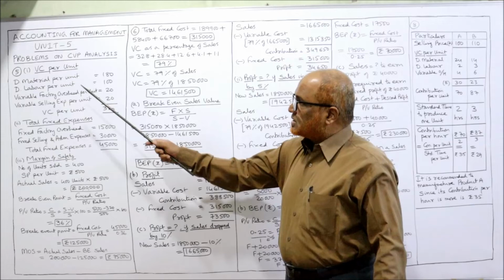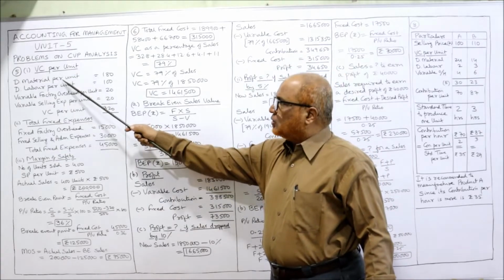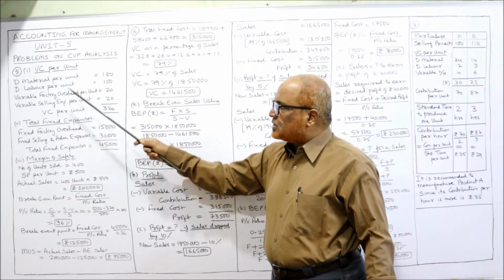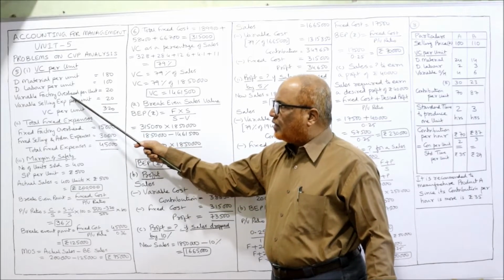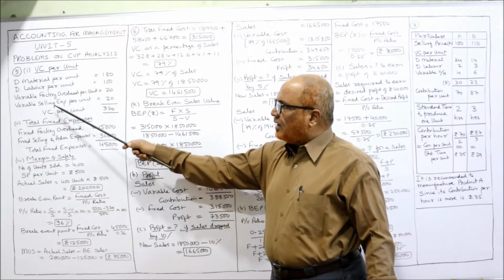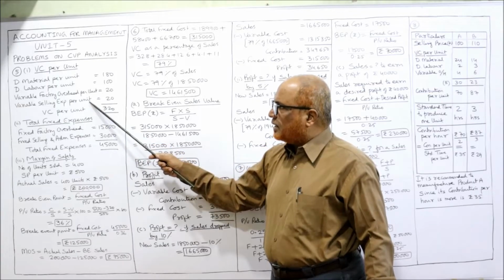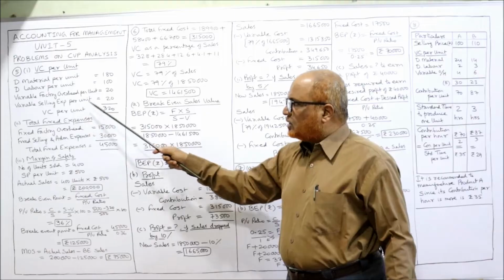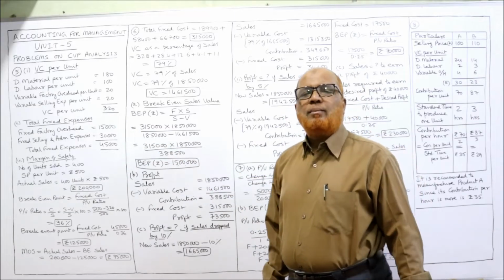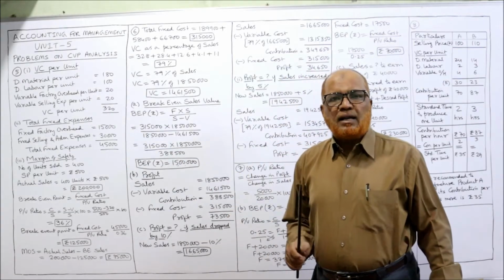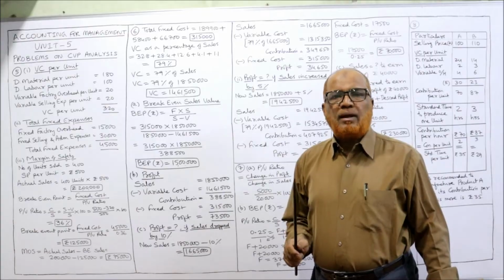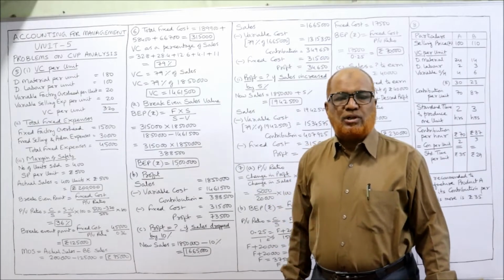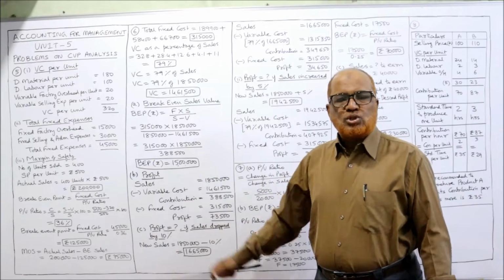So direct material per unit 180 rupees, direct labor per unit 100 rupees, variable factory overhead per unit 20 rupees, and variable selling expenses per unit is 20 rupees. So total variable cost per unit is 320 rupees. Remember, variable cost consists of direct material, direct labor, variable factory overhead and variable selling and administrative overhead. That's it. So first question completed.